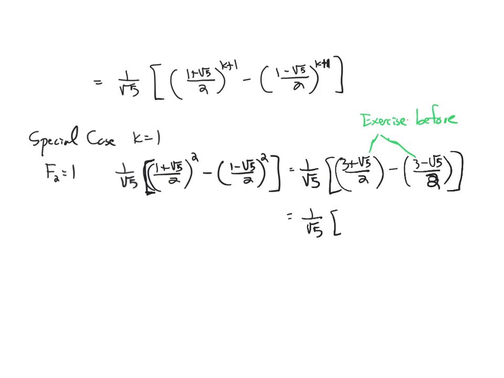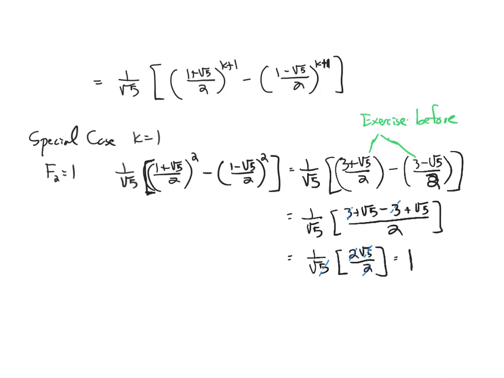And we have the same denominator here, so we get 3 plus root 5 minus 3 minus a minus root 5, so plus a root 5, all over 2, which is indeed 1 over root 5. The 3 and minus 3 cancel out. So we have 2 root 5 over 2, and just like before, our root 5s cancel, our 2s cancel, and this again is 1.